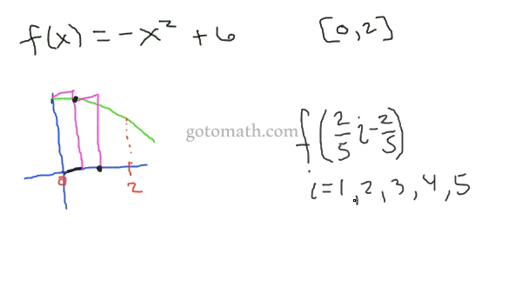So if I come out to here, the second rectangle, if I plug 2 in for I, so this is 2/5 plus 2/5. But what's happening here is I'm going back and subtracting off a 2/5.